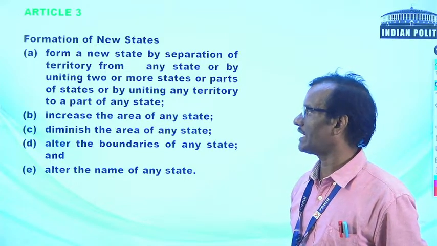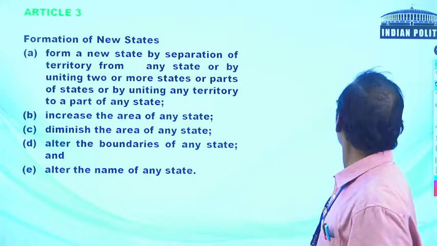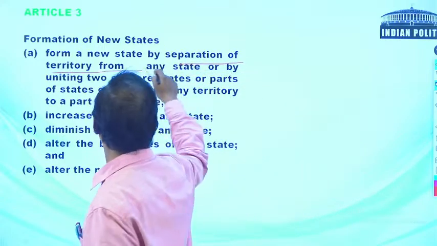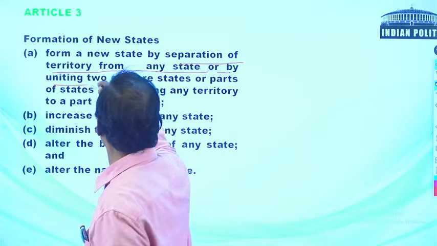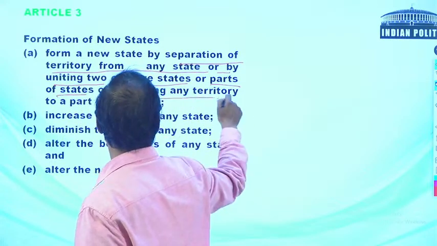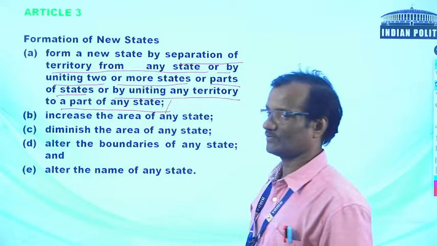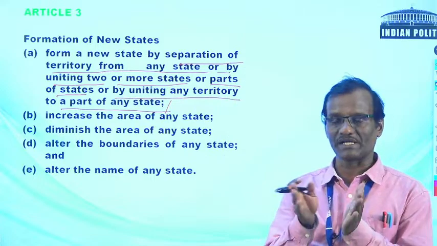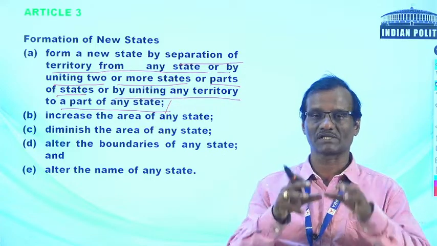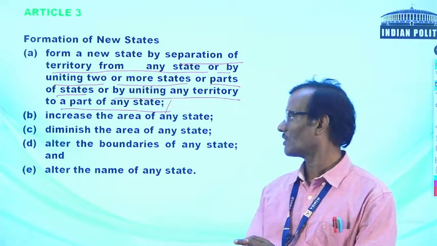Formation of a new state by separation of territory from any state, or by uniting two or more states or parts of states, or by uniting territory to a part of a state. Anything can come under it. By separating a territory, by merging parts of certain states, a state can be formed.